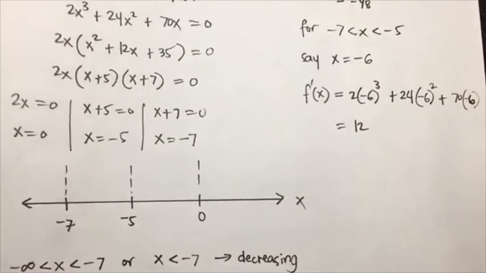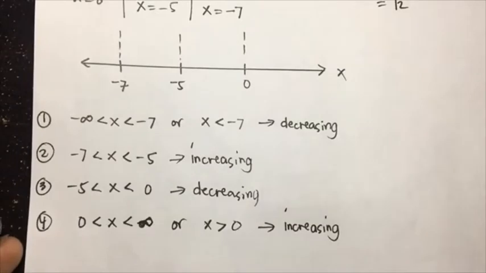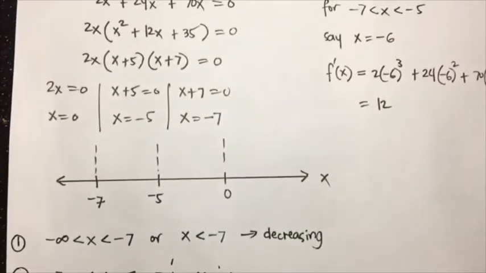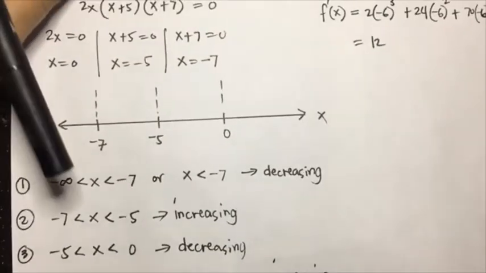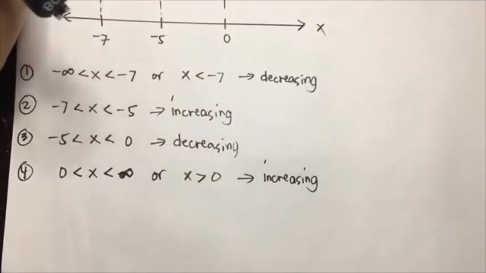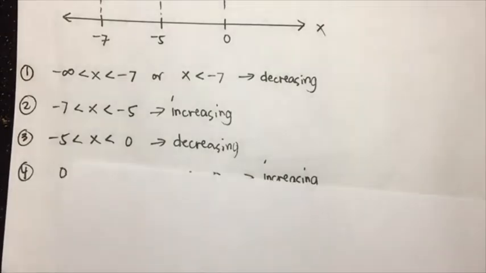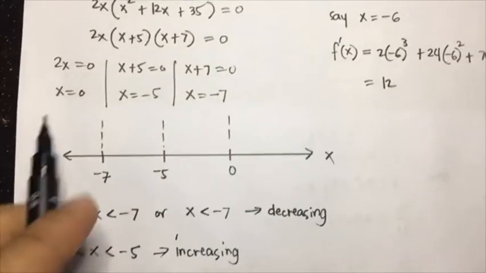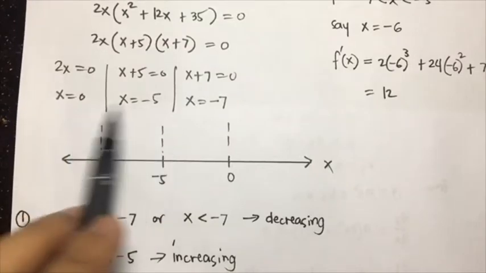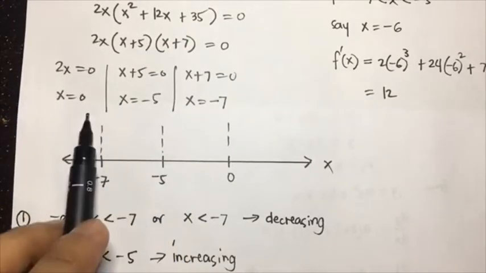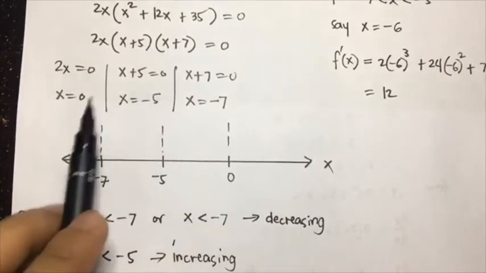Okay. So how does this help with graphing? You already know the trend, whether it's increasing or decreasing. Therefore, it will be relatively easy for you to graph or sketch the curve. But before we do that, you must locate the y-coordinate of the critical points.